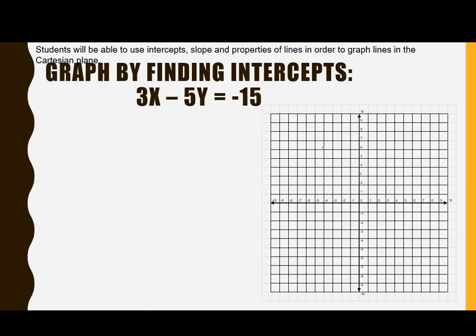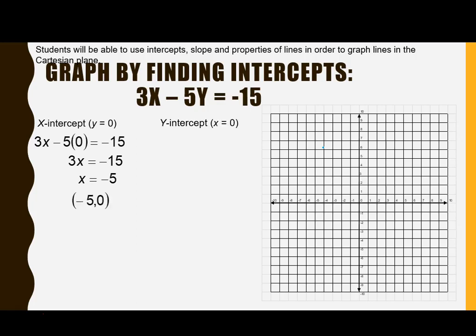Another one, same way. So when y equals 0, x is negative 5. So we have negative 5, 0 for our x-intercept. Notice I'm writing that as an ordered pair. Our y-intercept occurs when x equals 0. So we have 0, 3.